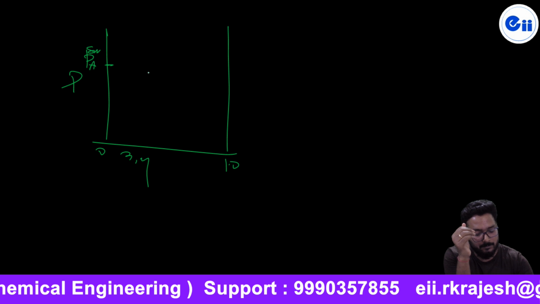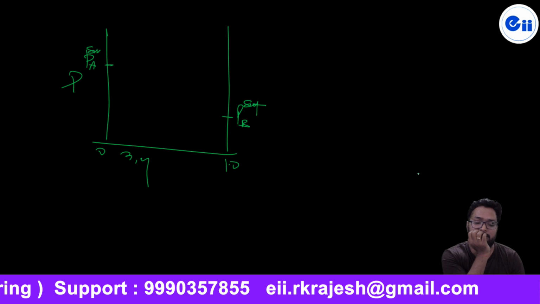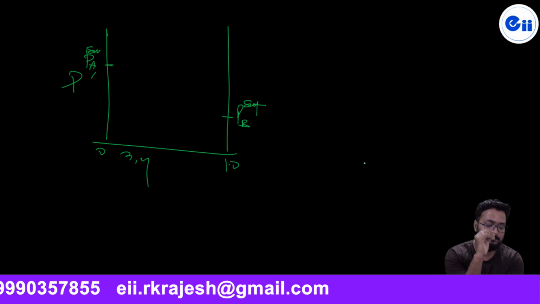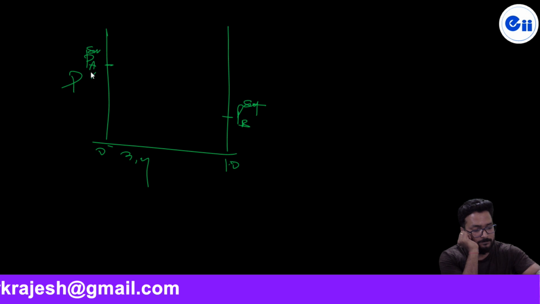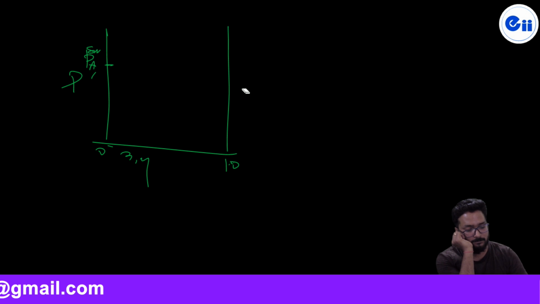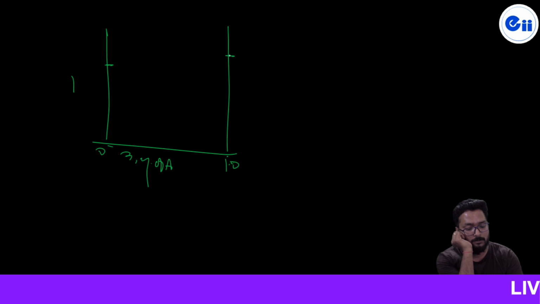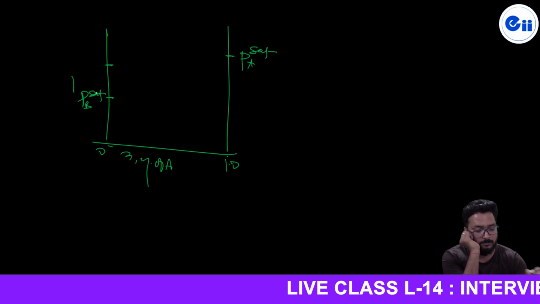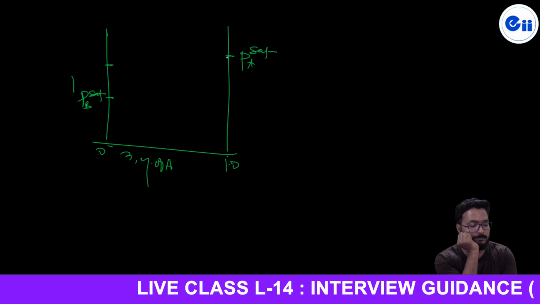So let's say it is your PA sat and it is your PB sat. The vapor pressure of A should be more as compared to B. Oh sorry, because here it is A, so it will come here. Because it is of pure A here, that is your PA sat, and it is of pure B, it is PB sat. In a simple curve we draw it like that, but here it will not be like that.